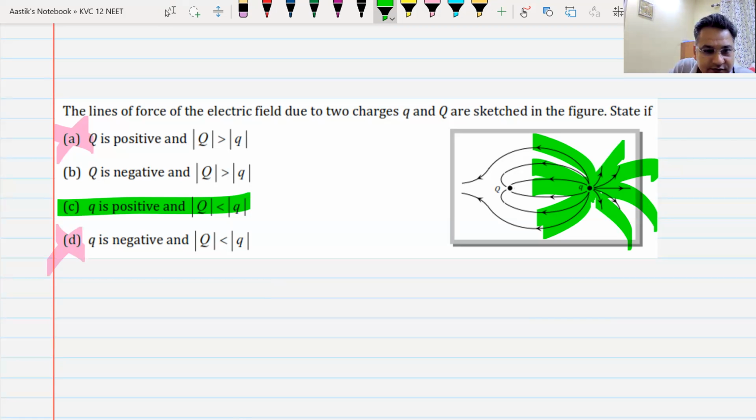Not a problem, sir. Electric field का problem, sir. Okay. There is no electric field का problem here.